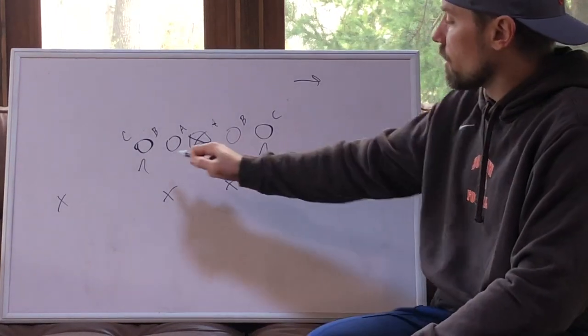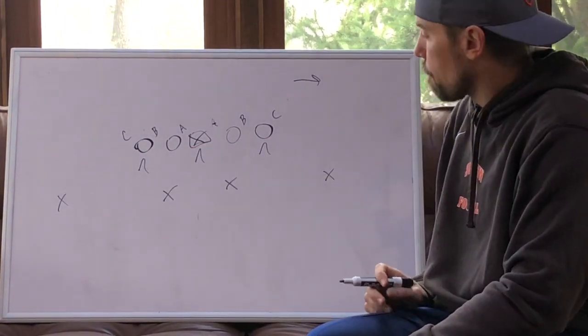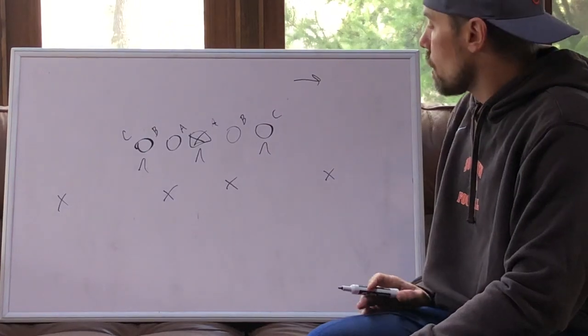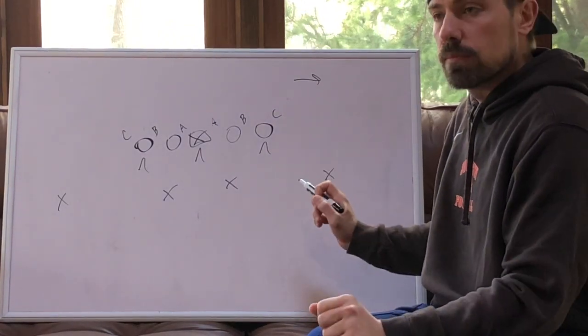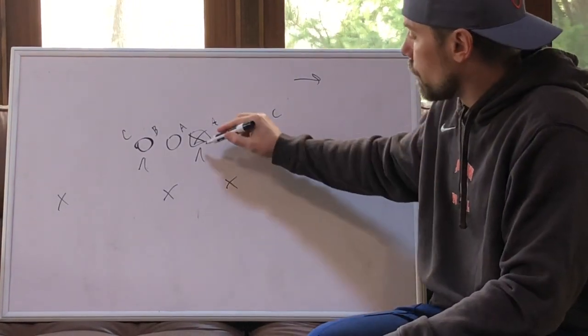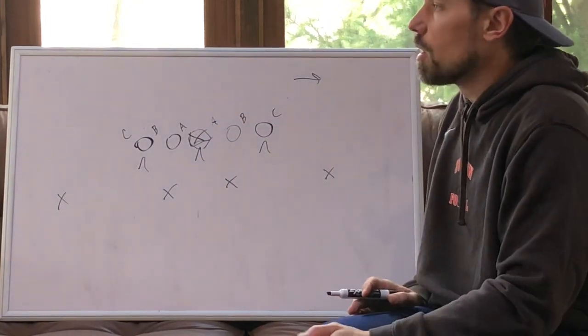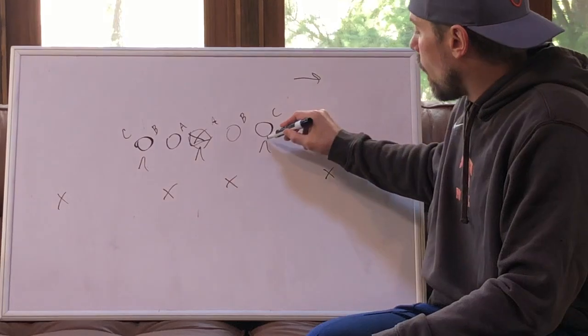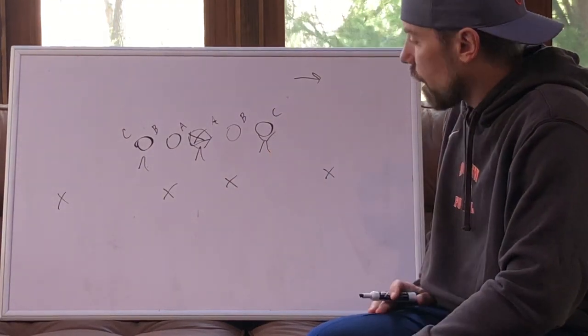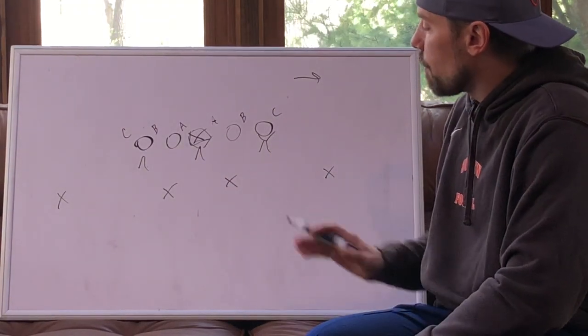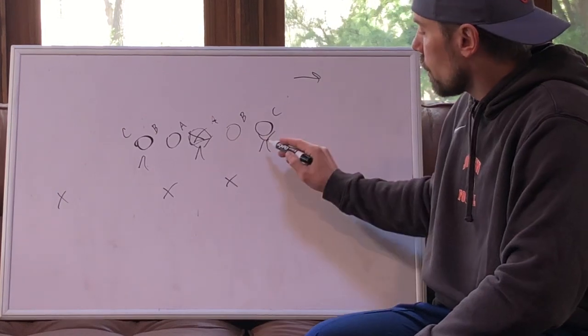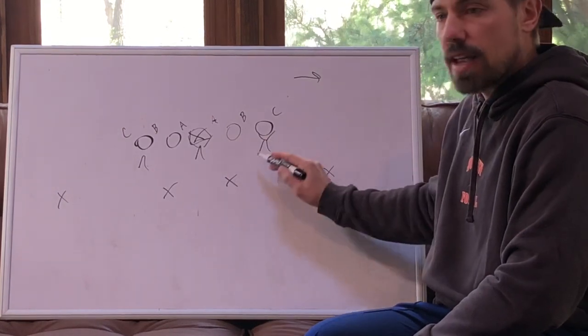Now there's 2 ways that these defensive linemen can play, especially when they're heads up. They can play either a 2-gap set, where this guy is responsible for both A gaps. Ultimately, he's going to play one of them, but he could play either one of them. And this defender can play either one of these. And what has to happen in a 2-gap scenario is these guys have to play in tandem.